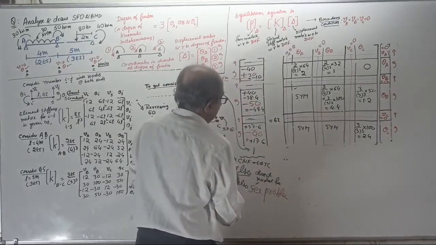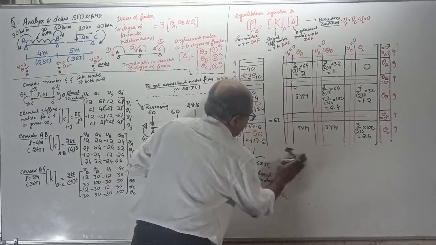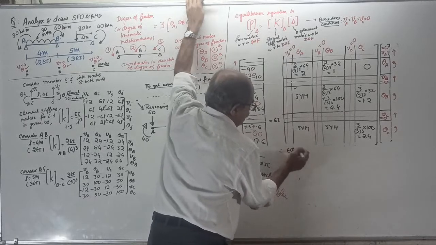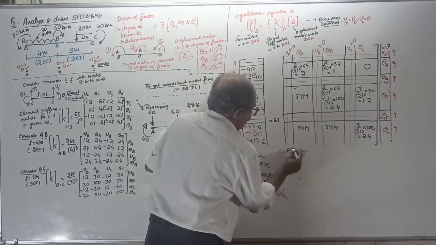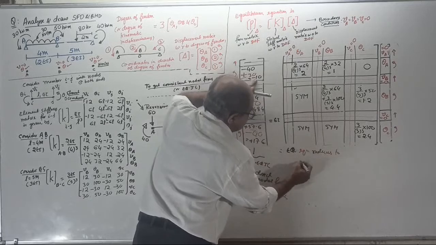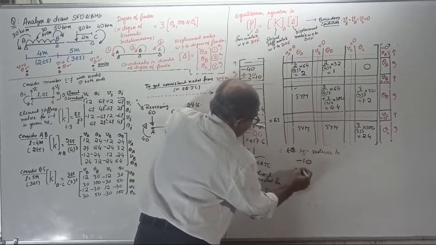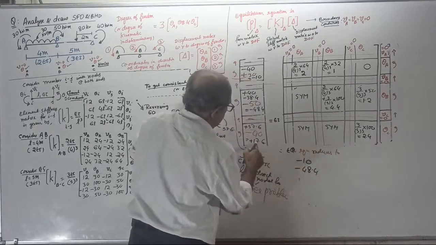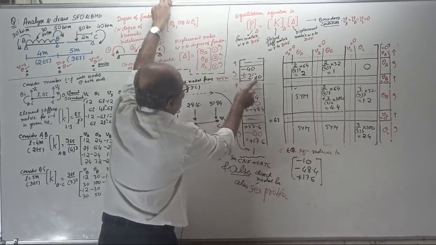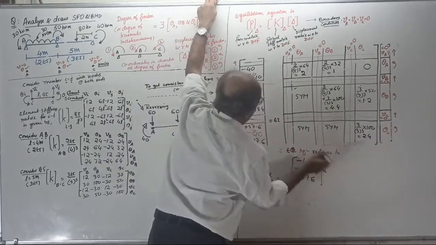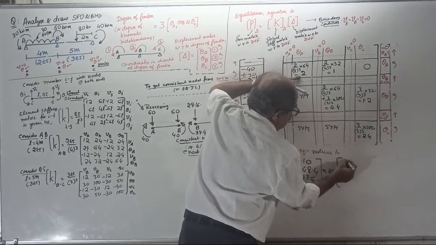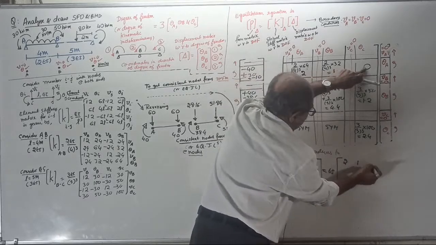Now, last step. Therefore, see here. If you write, therefore, the equilibrium equation reduces to minus 10, minus 48.4 plus 17.6 here, equal to EI outside times 2, 1, 0.